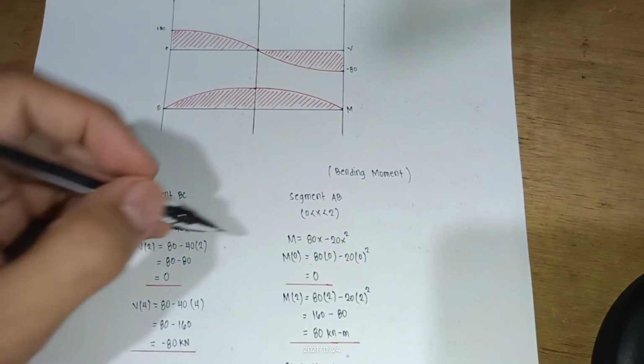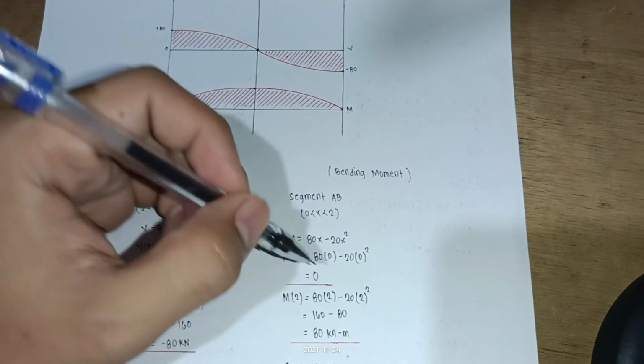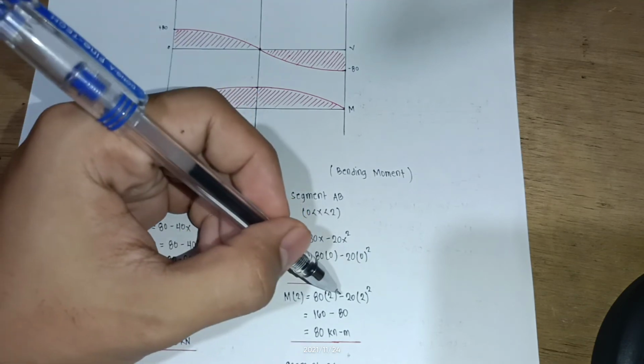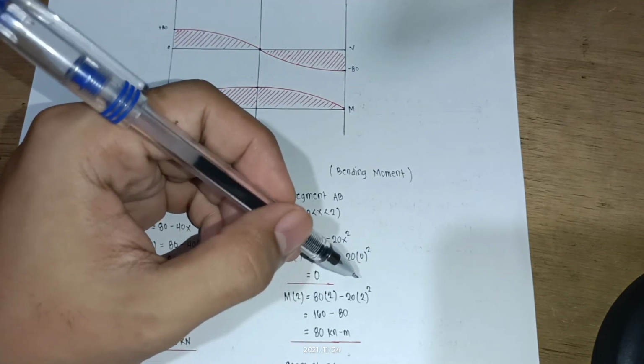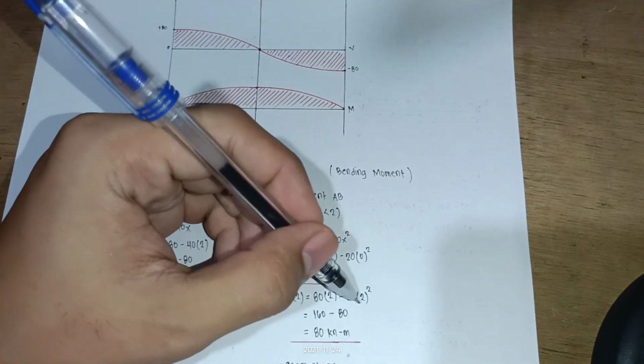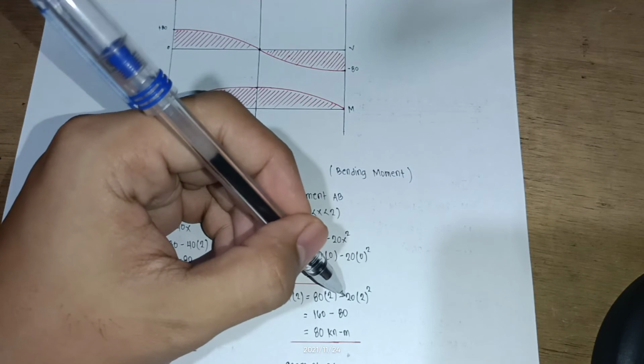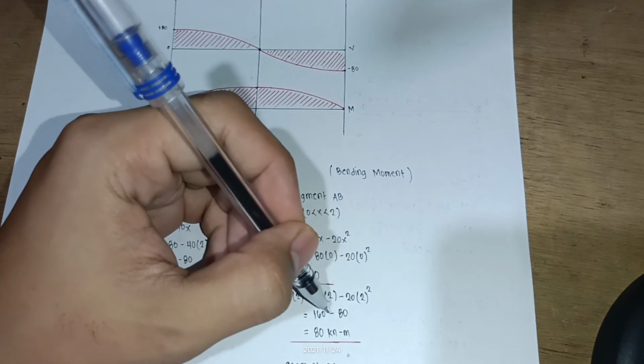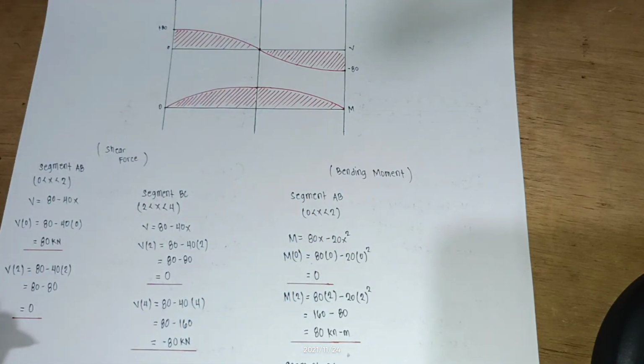Then substituting x for 2, 80 times 2 minus 20 times 2 squared. Then 80 times 2 is 160. Then 2 squared is 4. So 4 times negative 20 is negative 80. So 160 minus 80, that is 80 kilonewton meter.